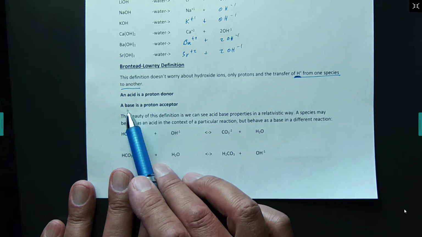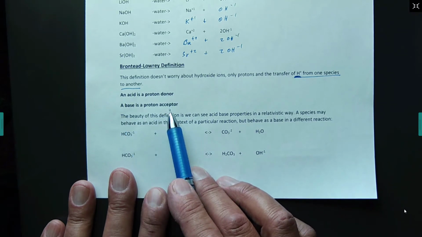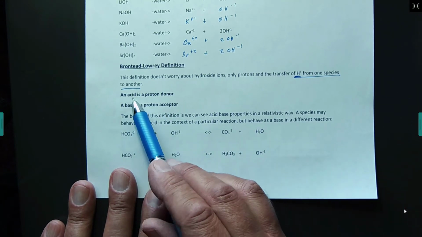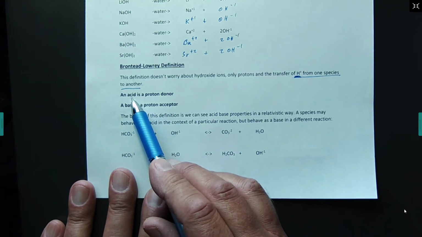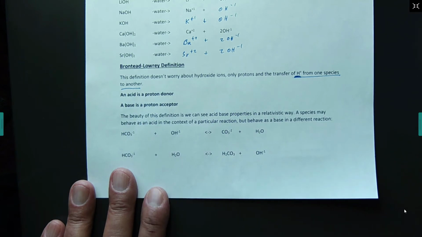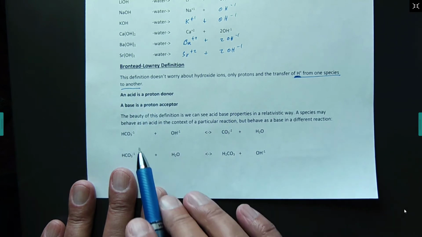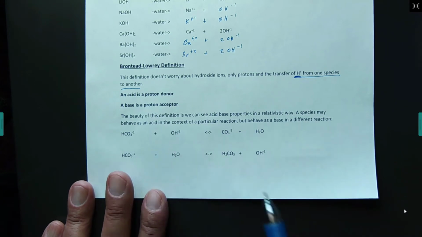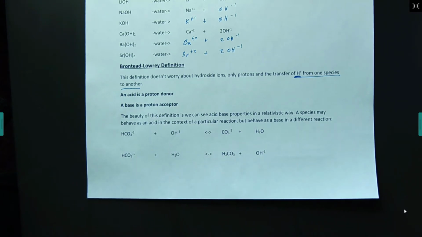The base is the proton acceptor. So the guy that gives up the H plus is the acid. Wherever the H plus ends up, that was the base. Now, why change the definition? This definition lets us see acid-base reactions in a more relative manner.